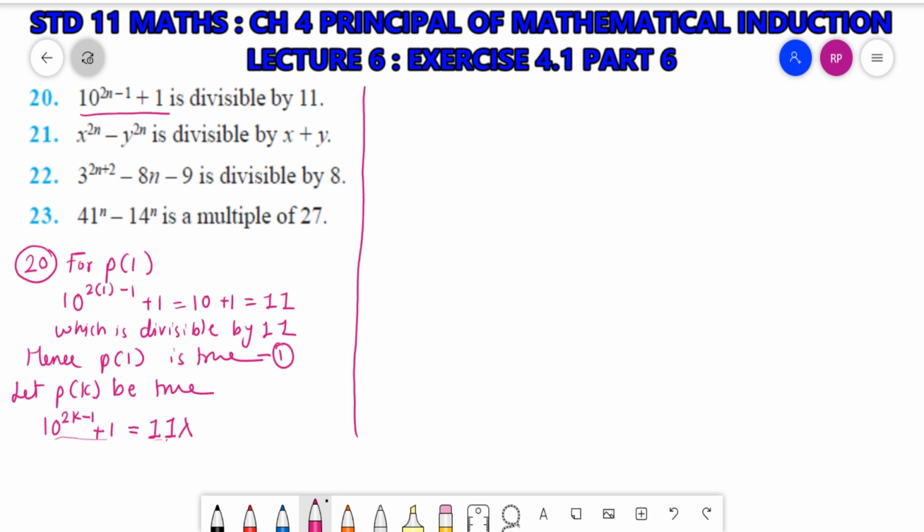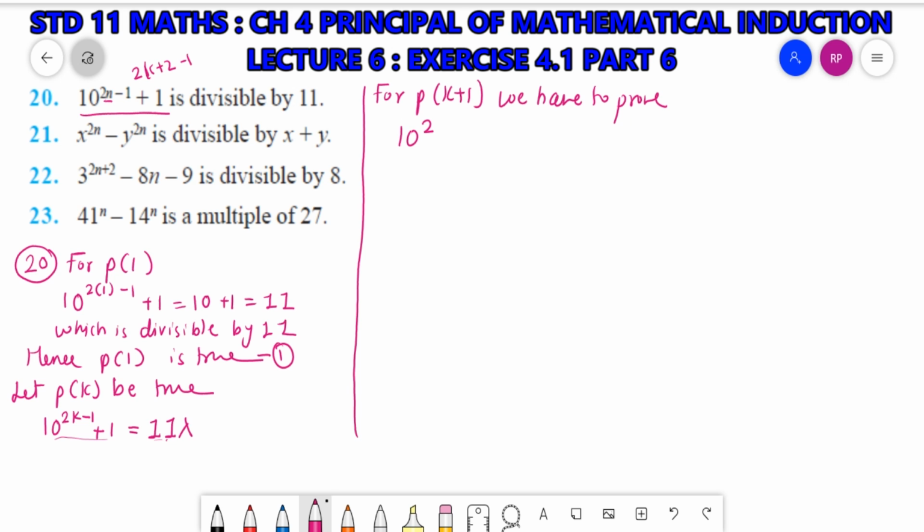Now for P of k plus 1, we have to prove 10 raised to, here I will use 2 into k plus 1, that is 2k plus 2 minus 1.